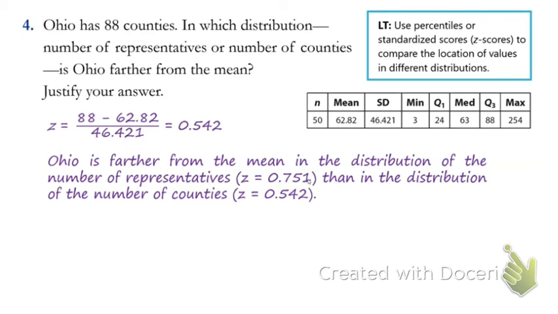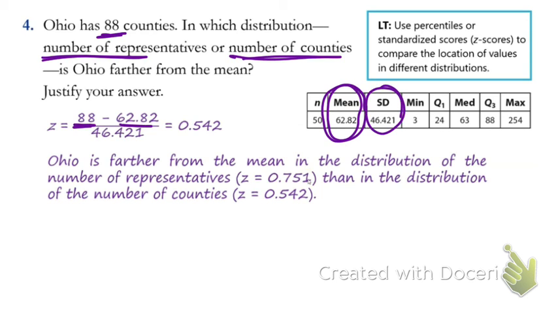So Ohio has 88 counties, and once we figure out the z-score here for the number of counties, we're going to compare that to the number of representatives that they had. So our z-score for Ohio's number of counties: we take Ohio's value of 88, and we subtract the mean of the number of counties, 62.82, and we divide by the standard deviation of 46.42.